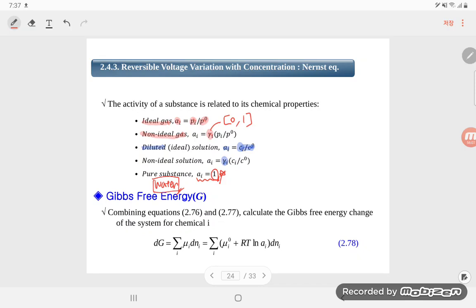Then combining the equations upward, we calculate the Gibbs free energy change of the system as a sum over all species, like this one.